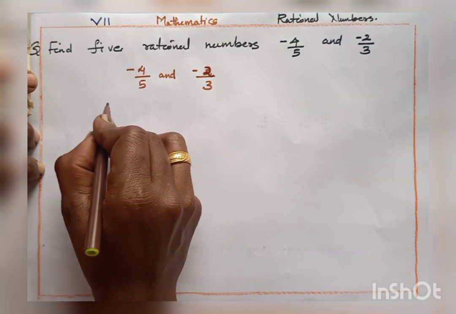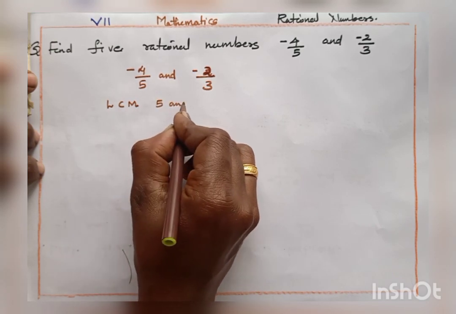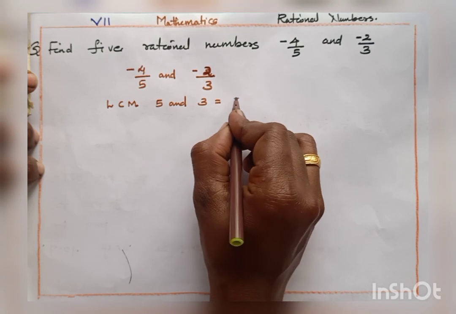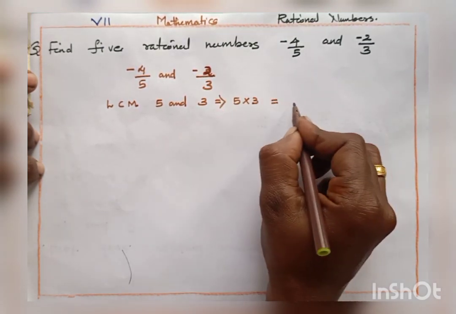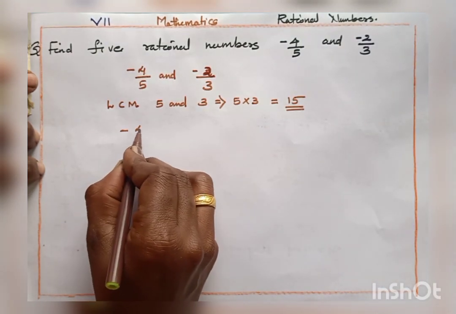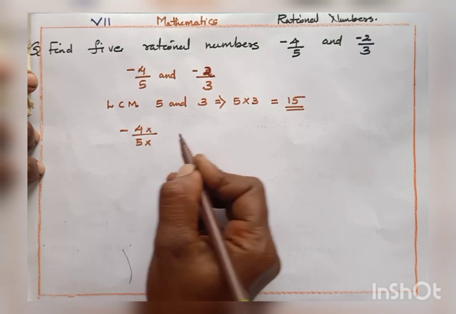So we want to find the LCM of the denominators 5 and 3. We know there are no common factors of 5 and 3, so the LCM is 5 into 3, that is equal to 15. Then change the denominators to equal the LCM 15.